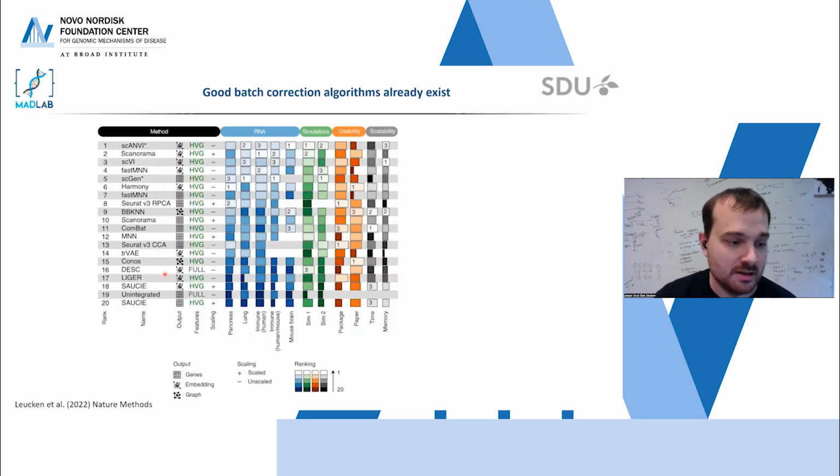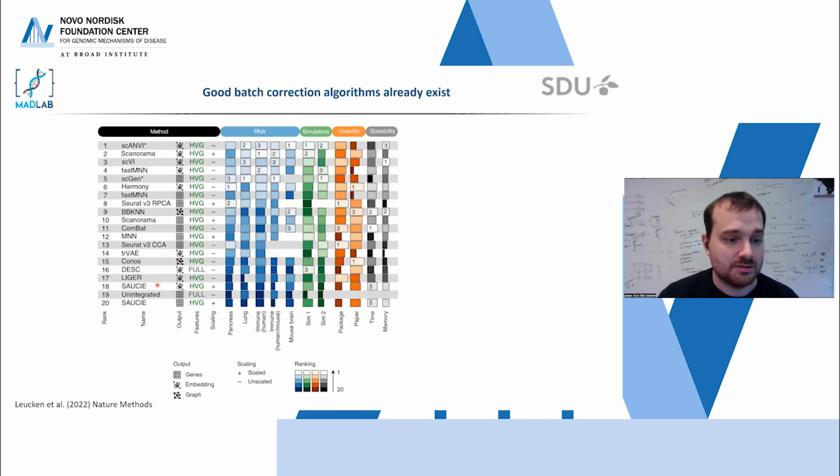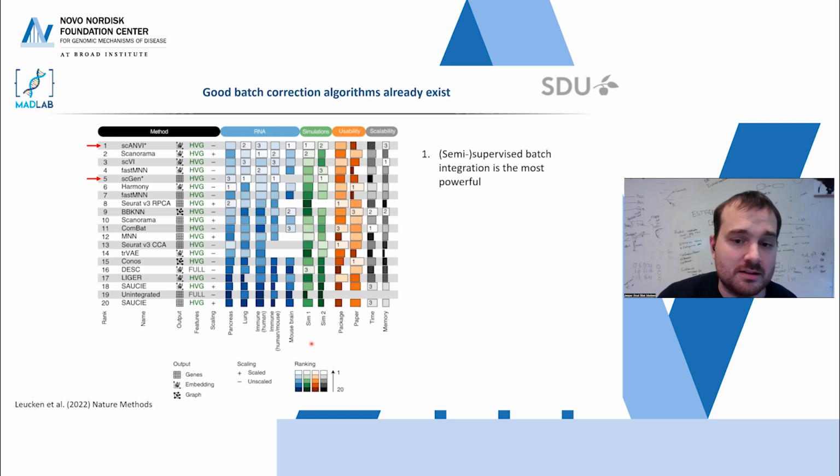The results, I think, are quite interesting. There are a few things to notice. So these are the top 20 results from that paper, and this is 5 data sets and 2 simulated data sets. And what we immediately saw was that the semi-supervised or supervised methods are the most powerful batch integration methods currently.